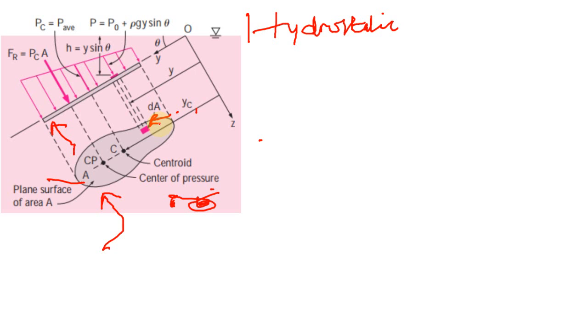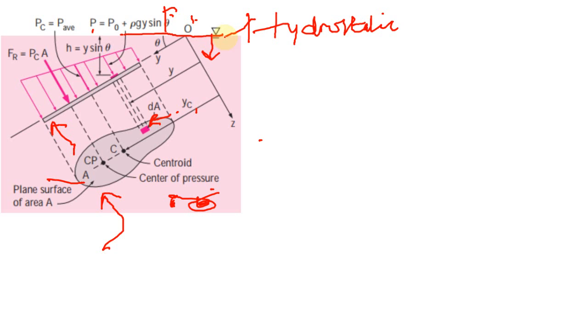So you have the surface at O, and as you go down, as we already know, pressure increases. The pressure out here is P naught plus rho g h. And now h, since we are analyzing in the direction of y, is equal to y sine theta.